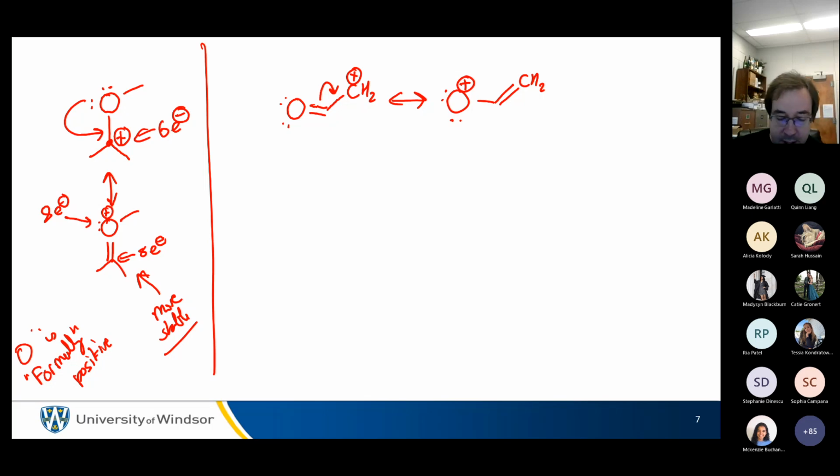Because if we look at this, in both cases, the carbon and the oxygen do not have full octets. The oxygen only has 6 electrons here. The carbon only has 6 electrons here. They're both kind of sucky. But if this is now equal, these are both really positive atoms.